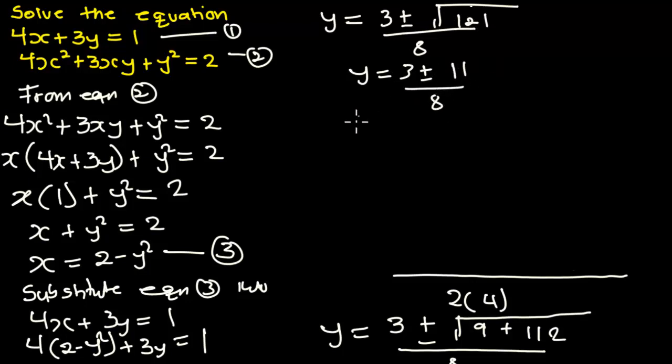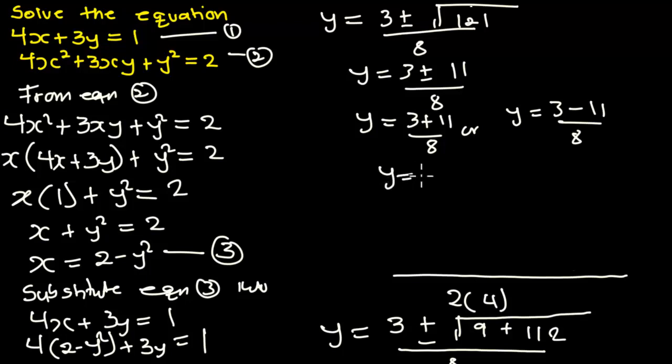From here we have y equal to 3 plus 11 over 8, or y equal to 3 minus 11 over 8. So y is equal to 3 plus 11, which is 14 over 8, which gives 7 over 4.